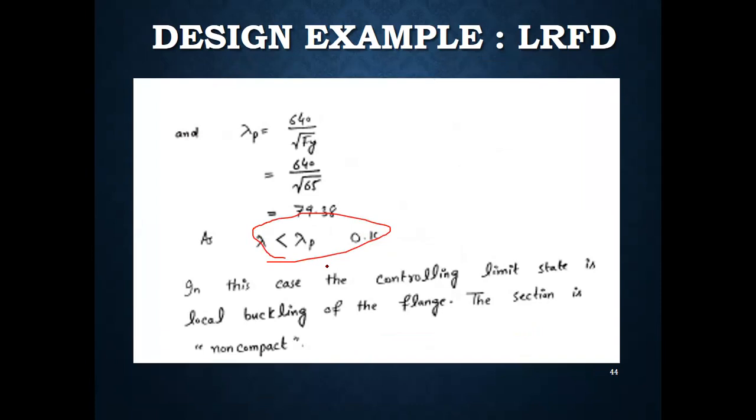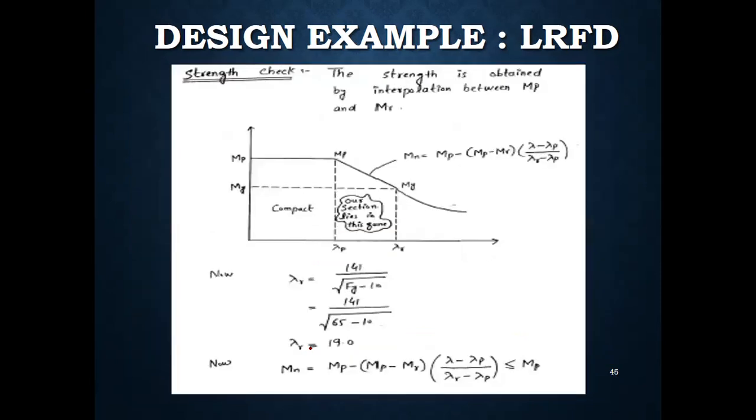So we can say that the controlling limit state for this part of the question is local buckling failure in the flanges. This section will be termed non-compact for flanges. For non-compact sections, we check the strength by interpolating between the plastic moment and the yield moment.